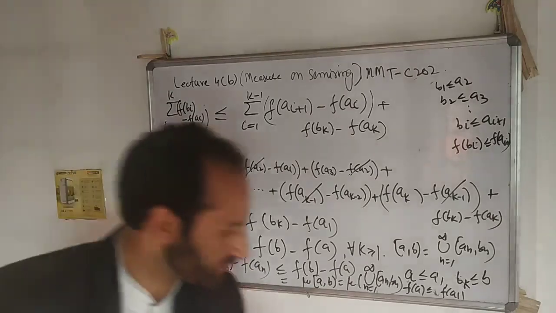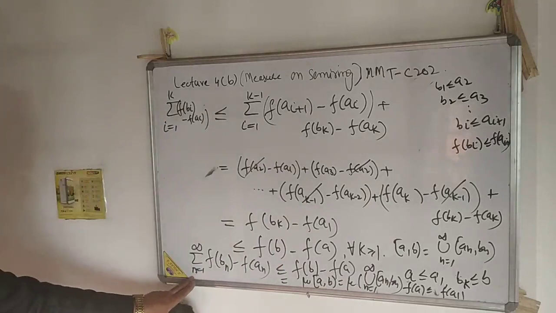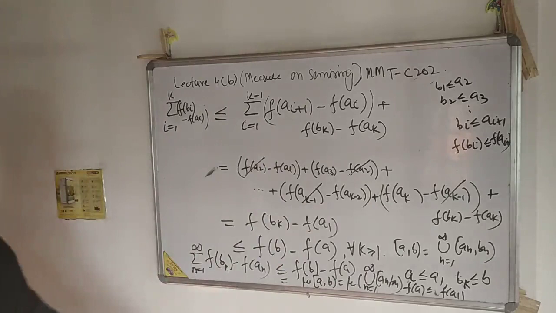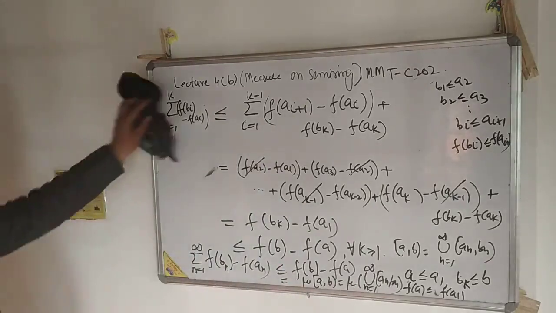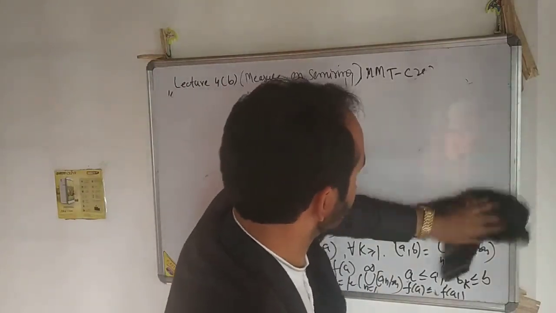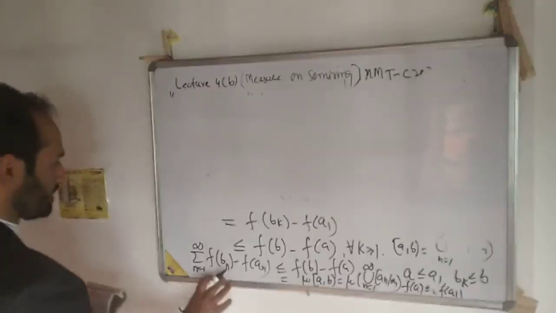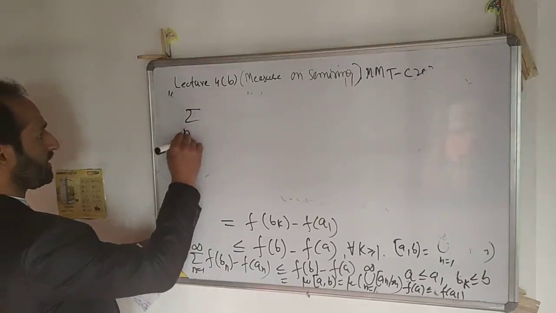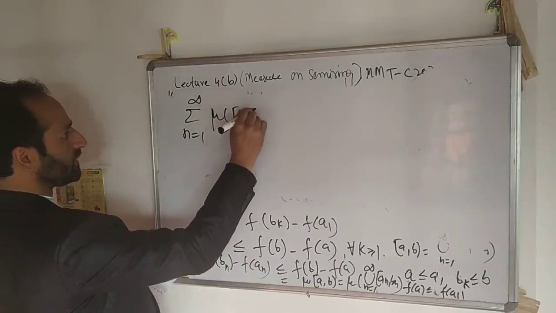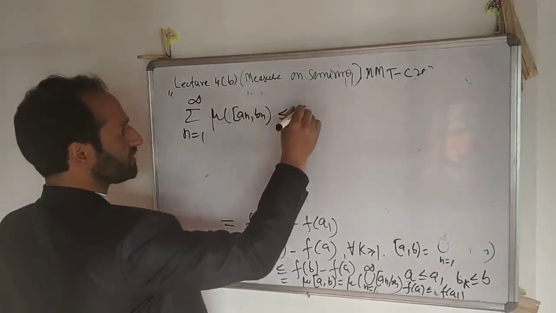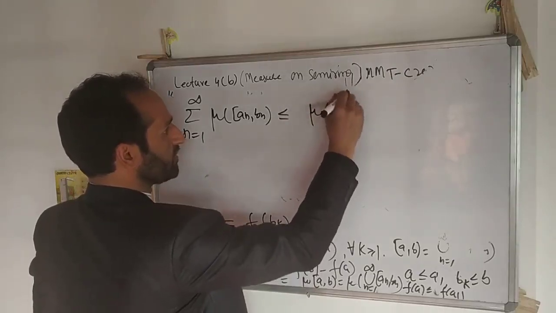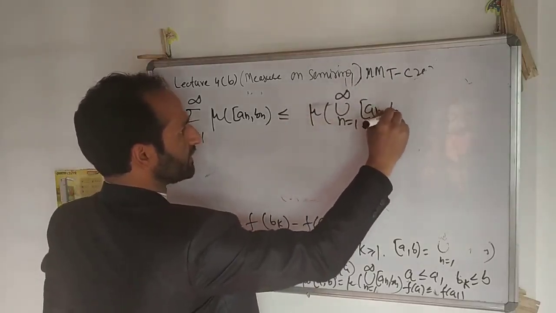Now we prove the reverse inequality. This series, the sum n runs from 1 to infinity of f of b_n minus f of a_n, is less or equal to the mu of the union. And we can write this as the summation n runs from 1 to infinity of mu of (a_n, b_n] is less or equal to mu of the union n runs from 1 to infinity of (a_n, b_n].